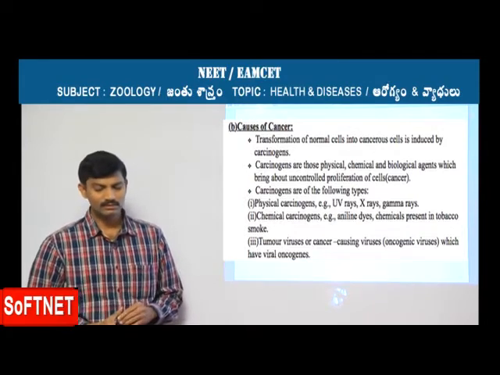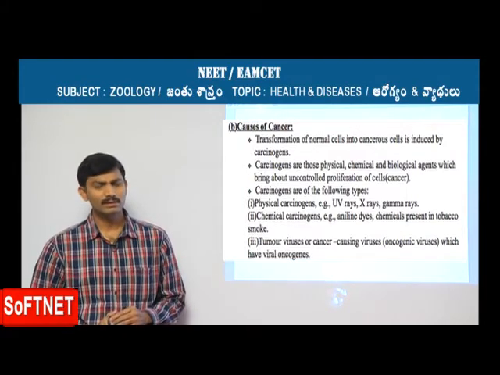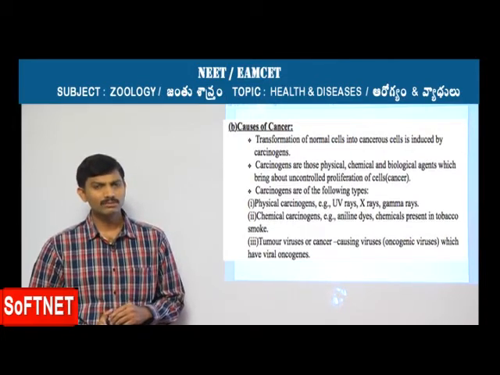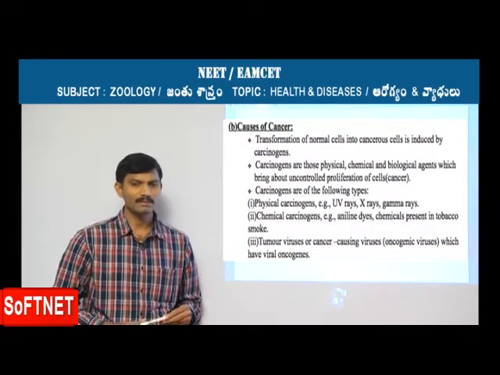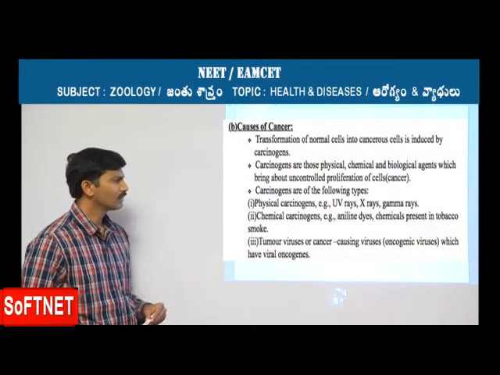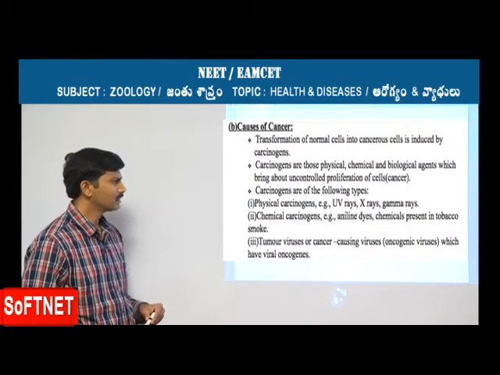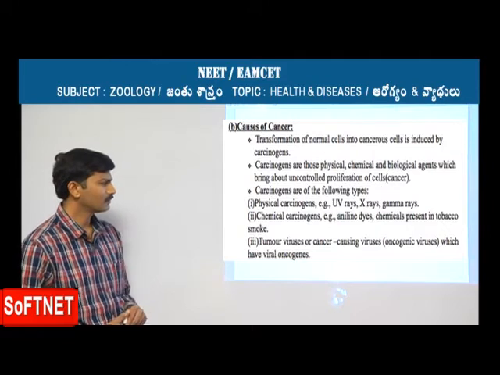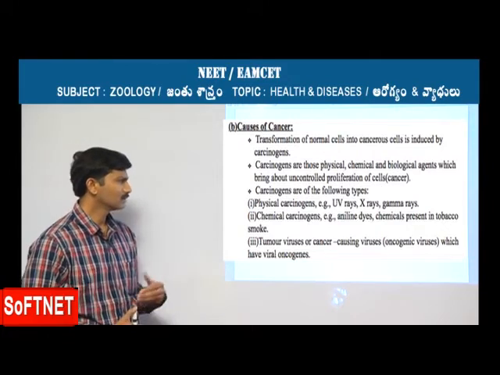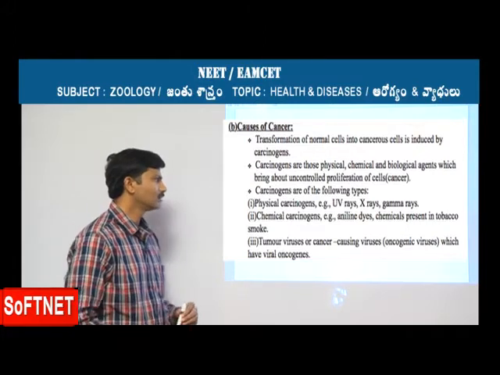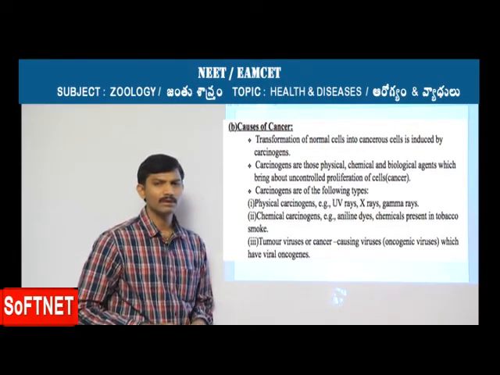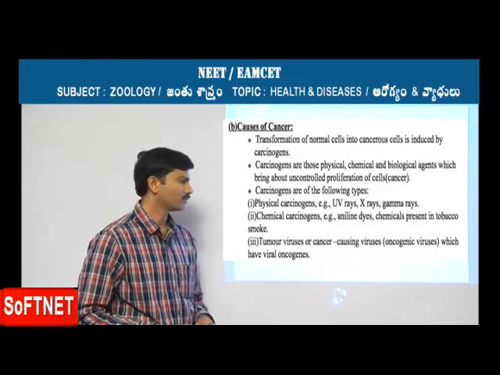Then what are the agents or substances responsible for causing cancers? All those responsible for causing cancers are called carcinogens, which damage the DNA. There are several radioactive substances responsible for causing cancers, and they can be physical, chemical or biological agents which bring about uncontrollable proliferation of cells inside the body.